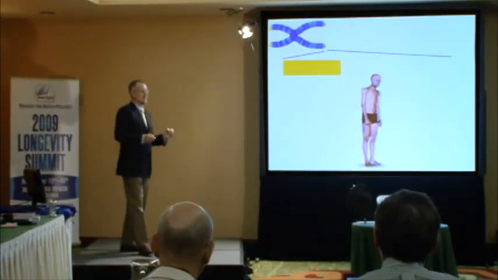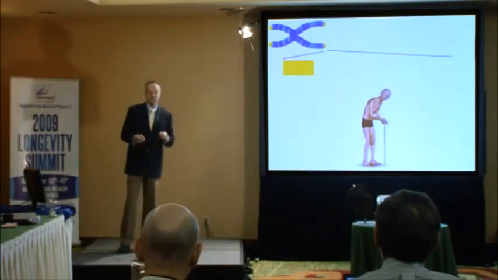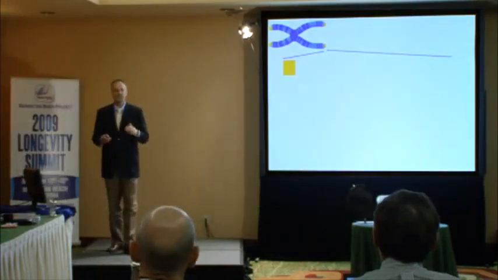And there's absolutely nothing we can do about this right now. No matter how well you eat, no matter how much you exercise, no matter how much you do everything your doctor tells you to do, you can't stop this telomere shortening. This is really the only clock that's ever been discovered that I'm aware of that controls aging.